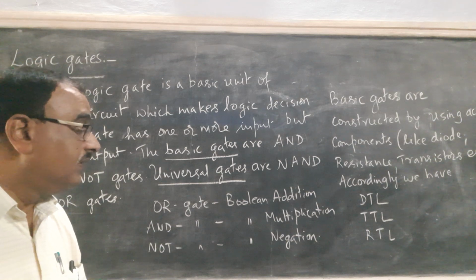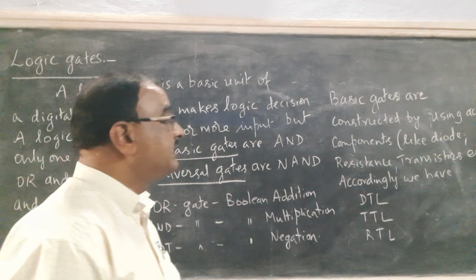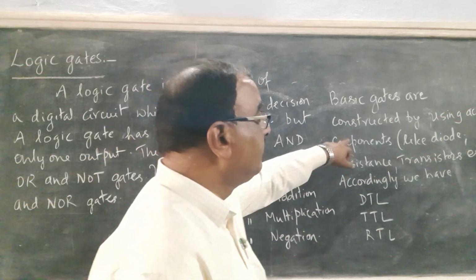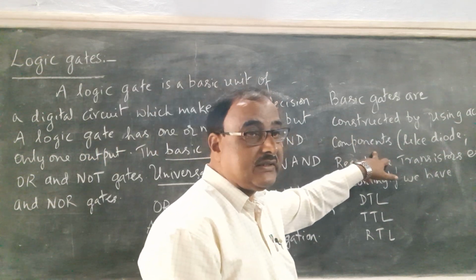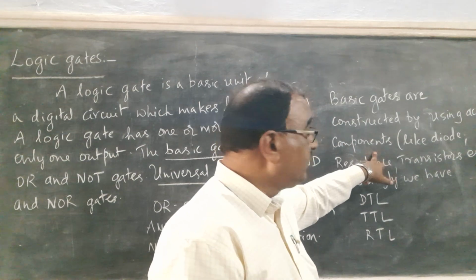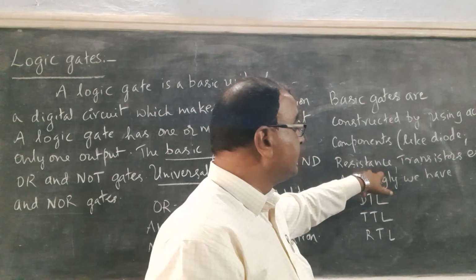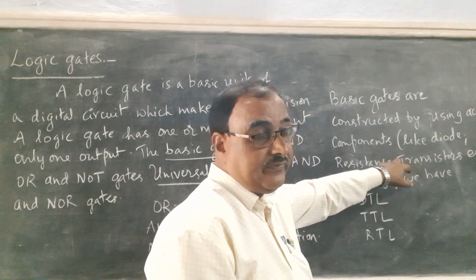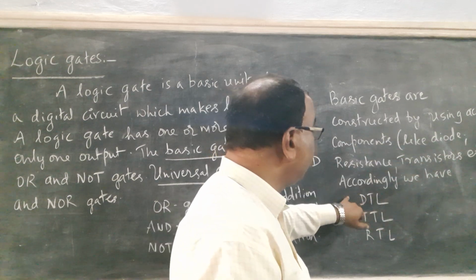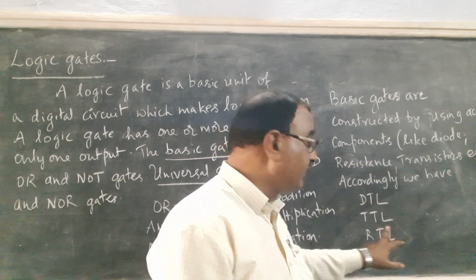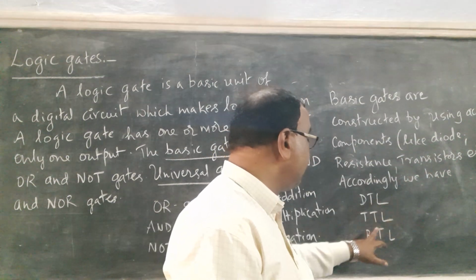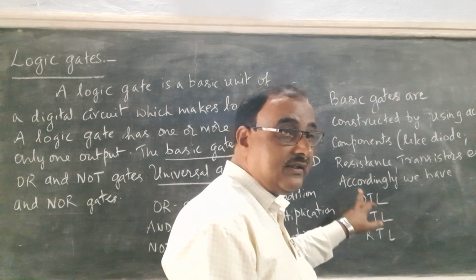So out of the different gates, three are the basic gates and the remaining are the universal gates and other derived gates. Now, in case of basic gates, they are constructed by using active components like the diodes, the resistances and the transistors. So accordingly you will have different gate families. There is DTL and TTL.